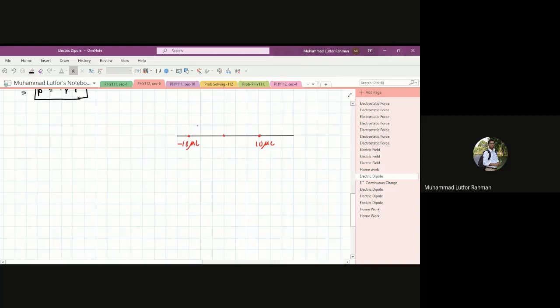And I'm saying that this is actually the origin O, this is the point A, and say this is the point B. And the distance between the two points A and B is 5 millimeter, I'm sorry.